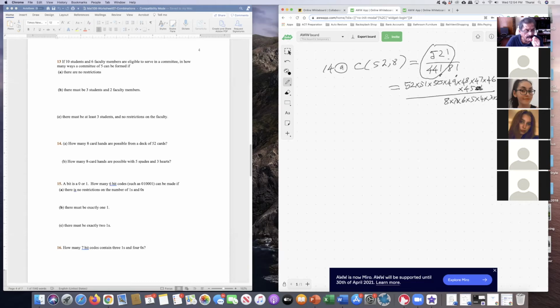Part B says how many 8-card hands are possible with 5 spades and 3 hearts. So now you have to have exactly 5 spades and 3 hearts. To answer this question, and also questions coming up in probability theory, when we discuss probabilities, we are going to use simple examples to illustrate.